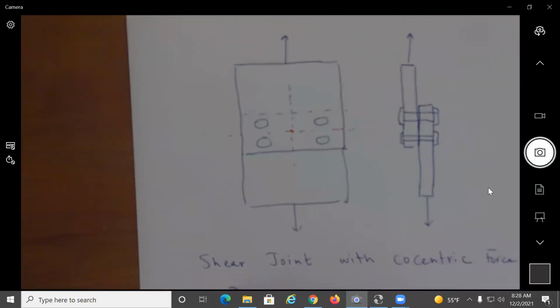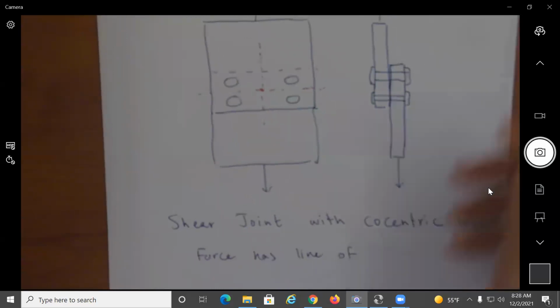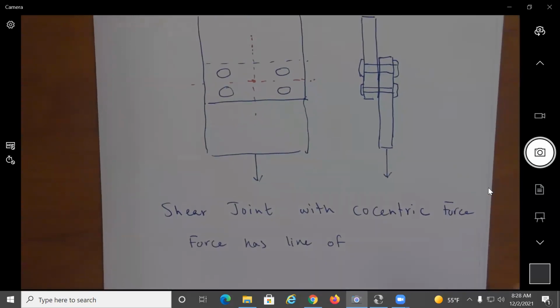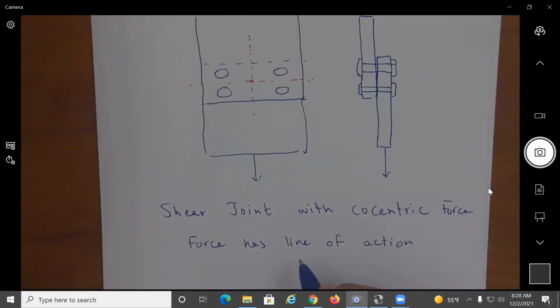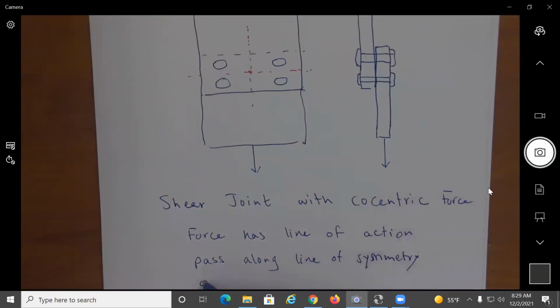So the force has a line of action that passes along a line of symmetry of the fasteners.